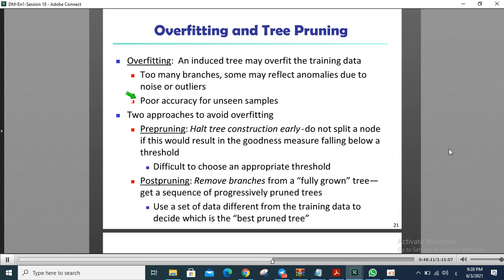It has a poor accuracy. During the test, we can see that its accuracy is very low. Why? Because my tree is trained based off various specific samples.